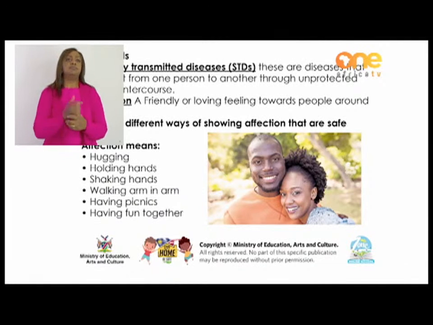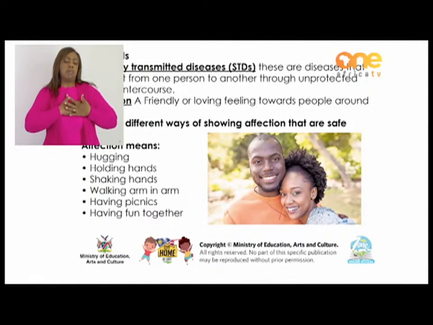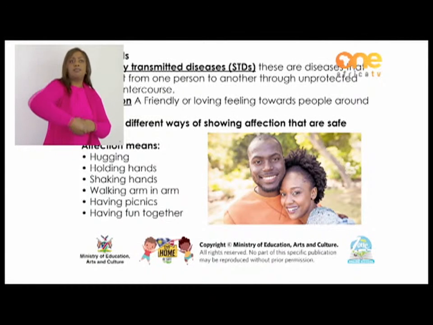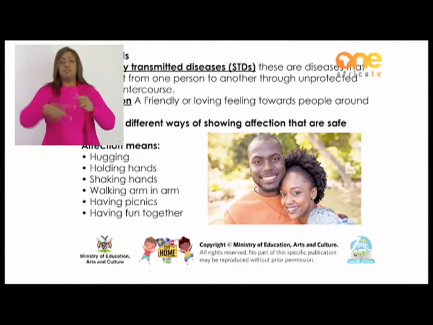Our first competence says a learner in grade 7 must be able to describe different ways of showing affection that are safe. The different ways of showing affection that are safe are as follows: hugging, holding hands, shaking hands, walking arm in arm, having picnics, having fun together, and kissing.